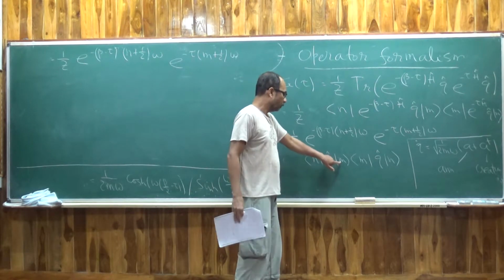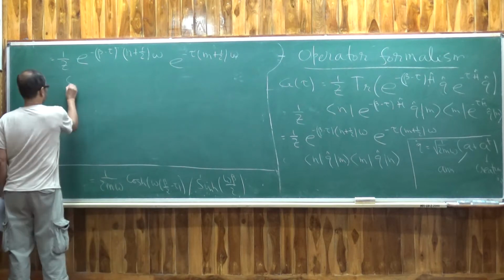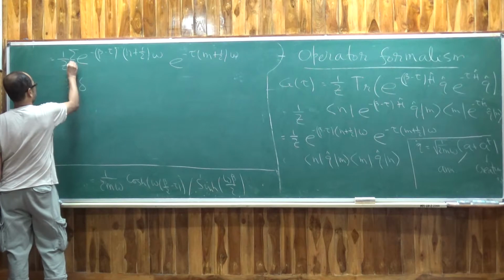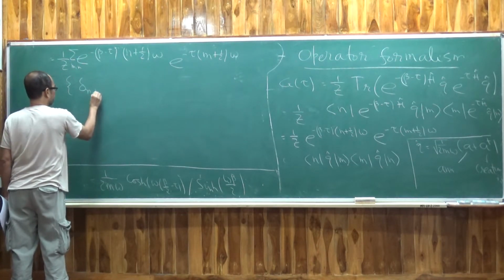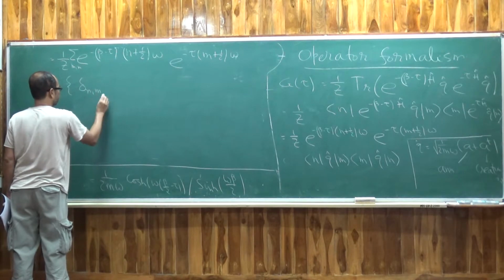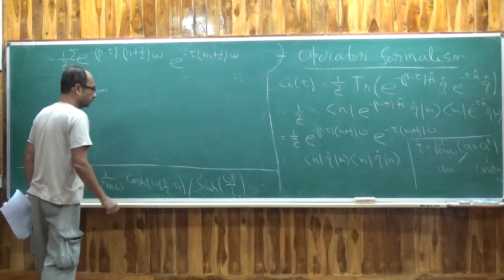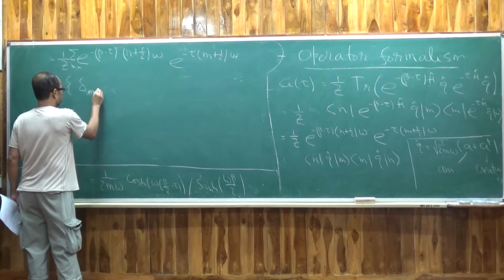So there is a sum over m and n, and we get delta m, n minus 1.